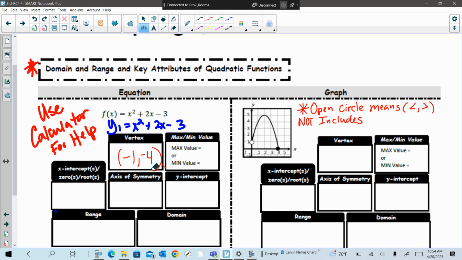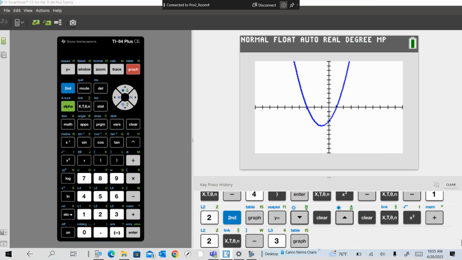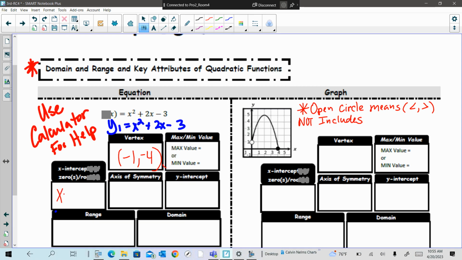Do we have any roots? Yes. How many? 2. Can y'all physically see them? Yeah, 1 and -3. I can see right here where that crosses the x-axis. So I'm just going to fill in x equals 1 and x equals -3.